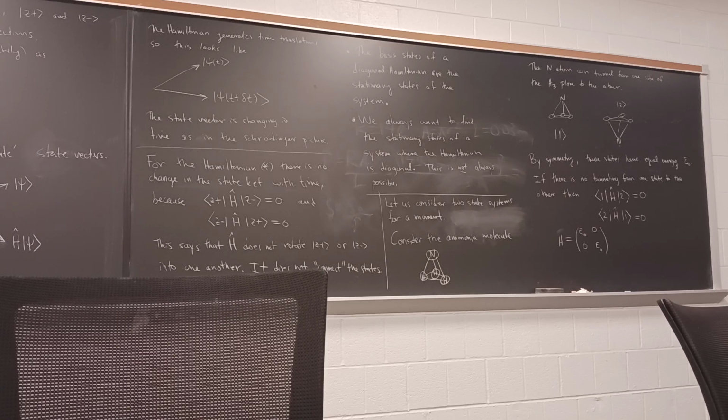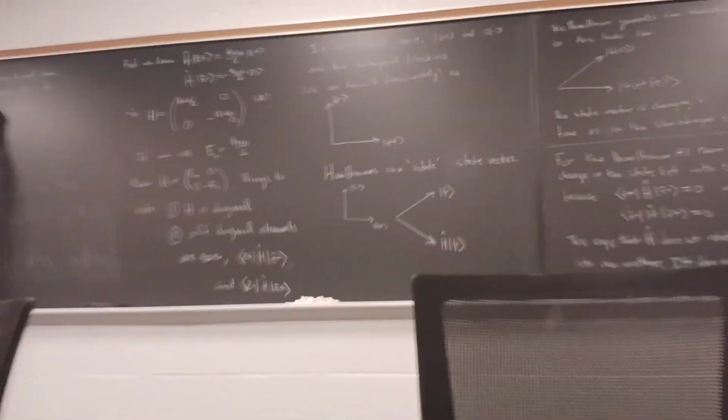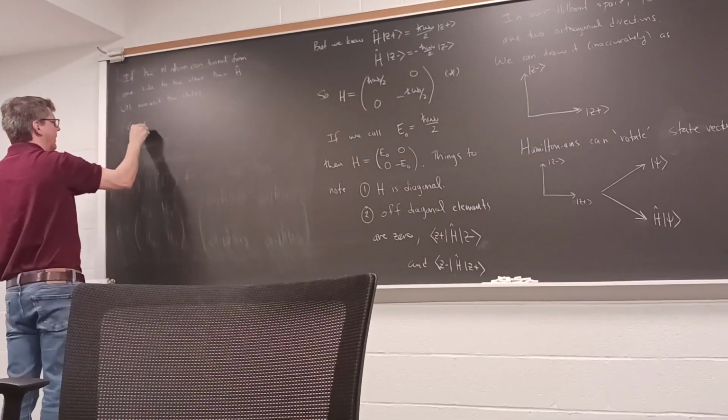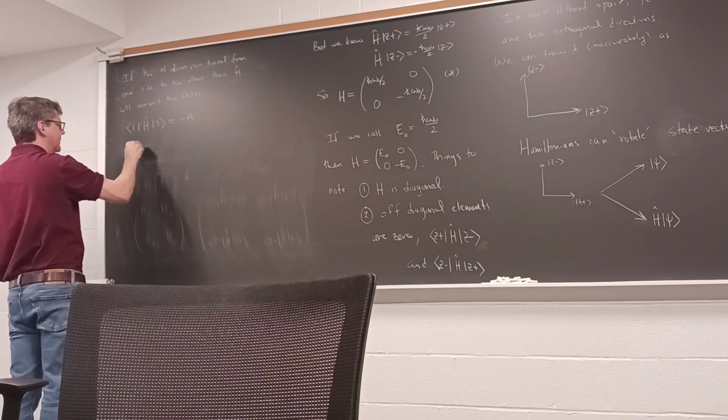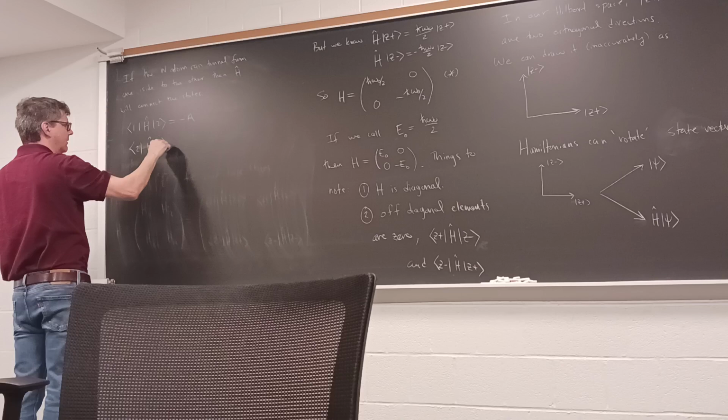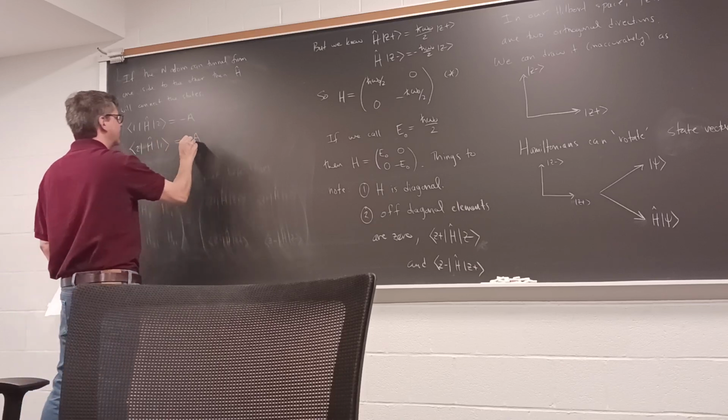If the nitrogen atom can tunnel from one side to the other, then H will connect the states. We'll have something like H12 is equal to minus A, and H21 if it's symmetric, again this would be minus A, where A is some amplitude.